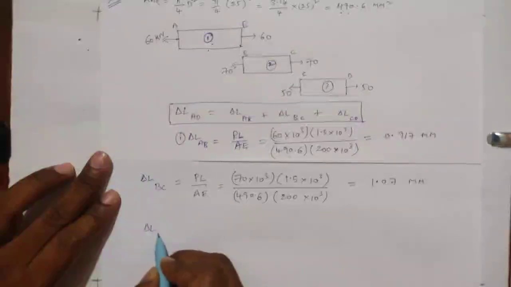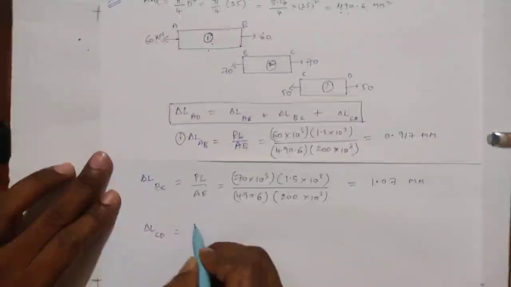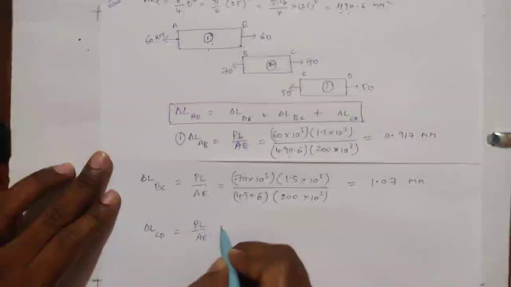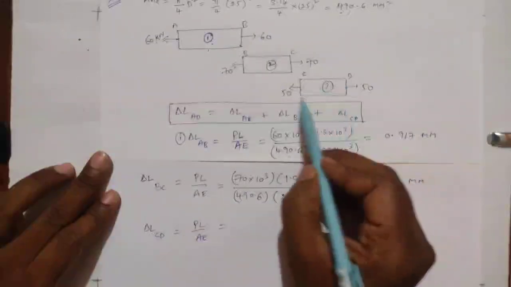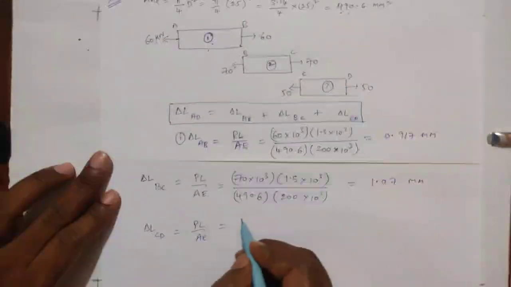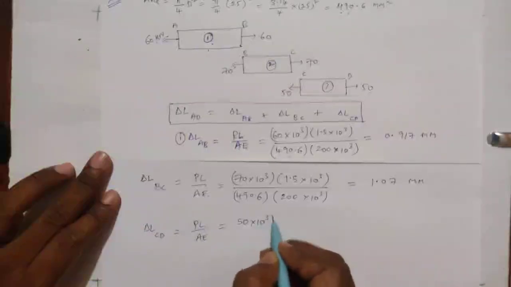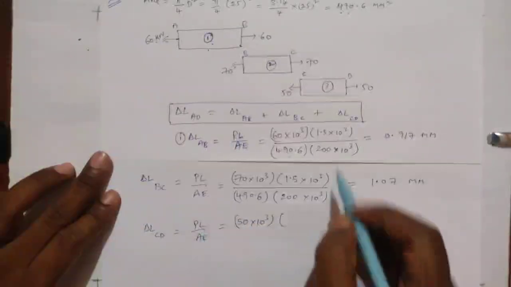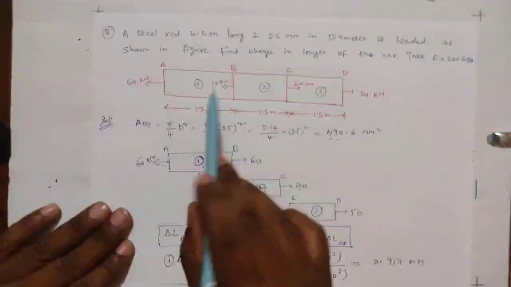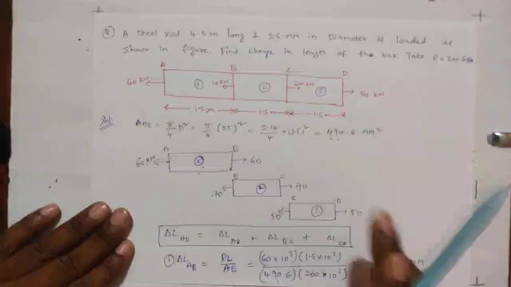Similarly, we need to find out delta L of CD. This is also PL by AE, and for CD, load 50 kilonewton is acting. So 50 into 10 cube, because load we are taking in newtons. And length is same, 1.5. Length is same for all the three, 1.5, 1.5, 1.5.